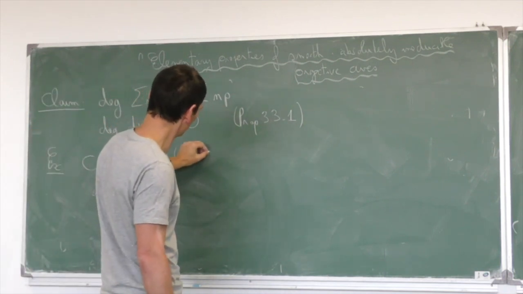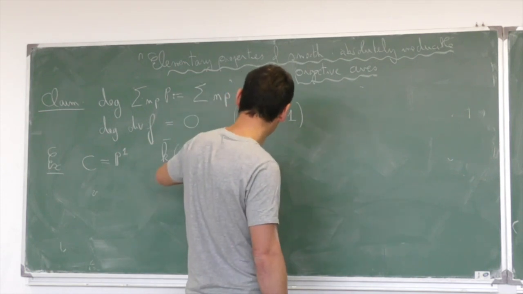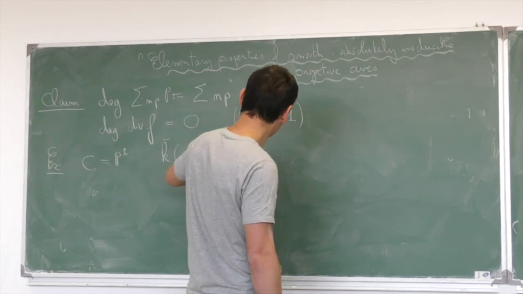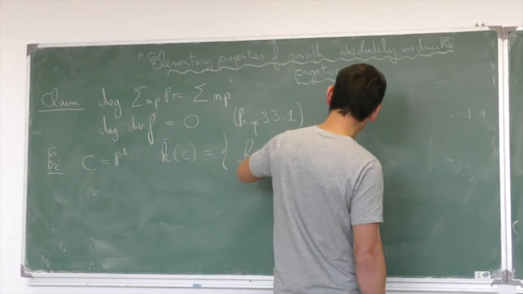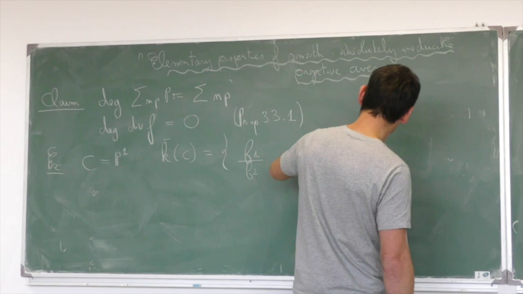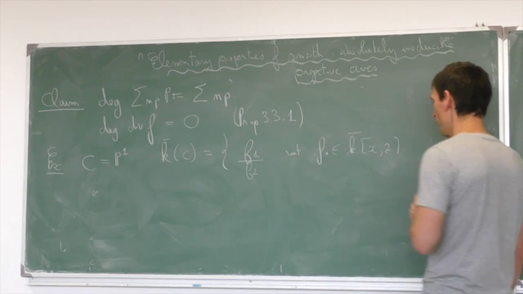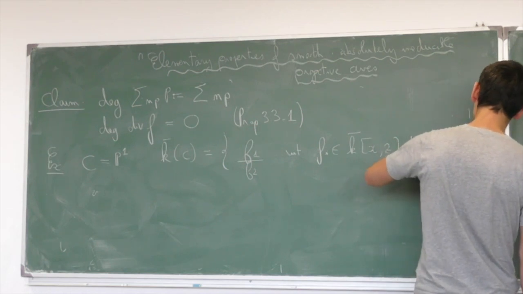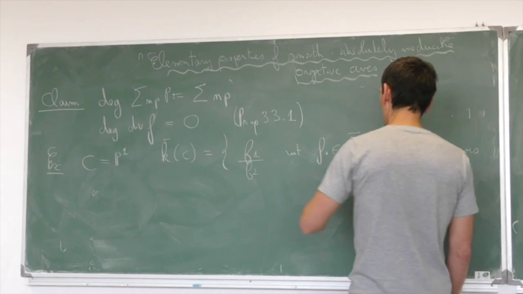The functions are the quotients f1 over f2, with f_i inside k bar of x, z, homogeneous of the same degree.